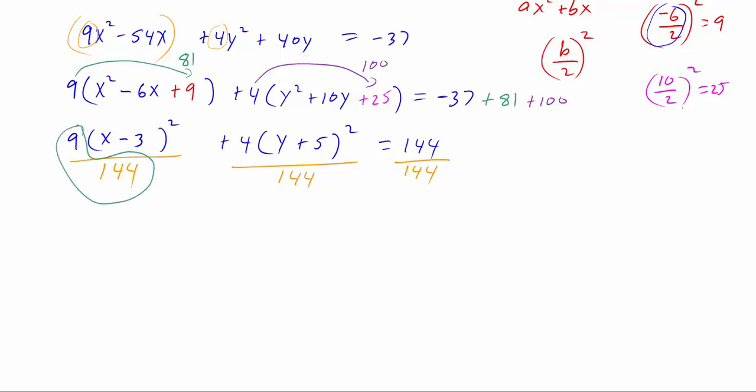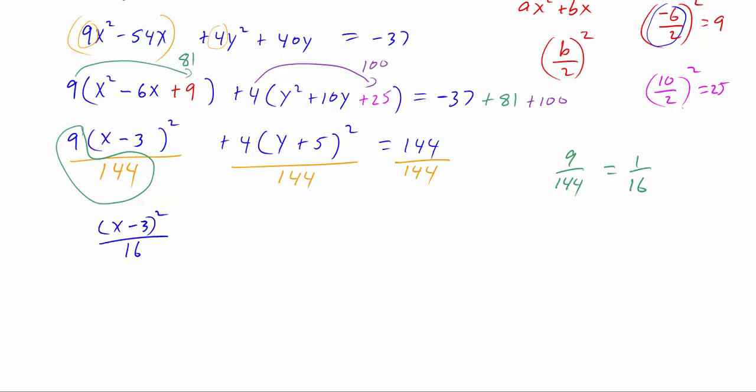So now if we look at this, we would have 9 over 144. Well, if we take 9 over 144, we need to simplify that fraction, and you could put that into the calculator if you want to. 9 over 144 is going to simplify to 1 over 16. 9 into 9 goes once, and 9 goes into 144 16 times. So therefore, this would simplify to x minus 3 squared over 16.